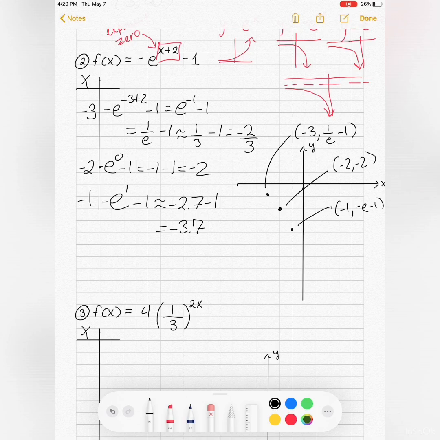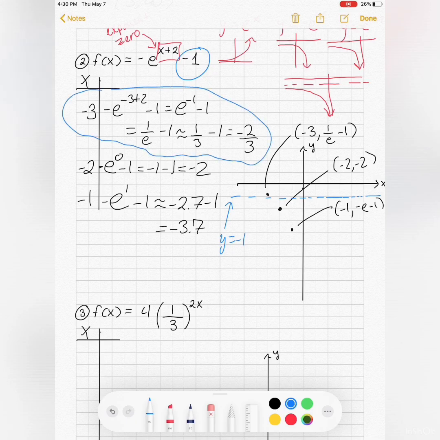So here's how I know there's a mistake. So look at this. So my next step, I'm putting the horizontal asymptote on the graph. You see how the horizontal asymptote is y equals -1? So the point that I see that's off is this one. So let me look back at the table here and see if I can figure out what did I do funny in this calculation. I see what it is. I lost this negative. That's an easy fix.